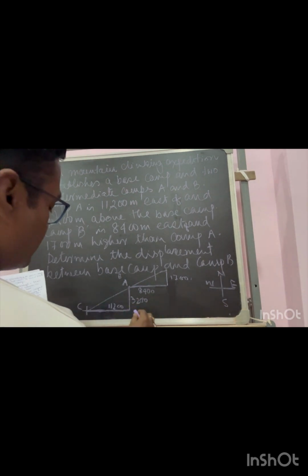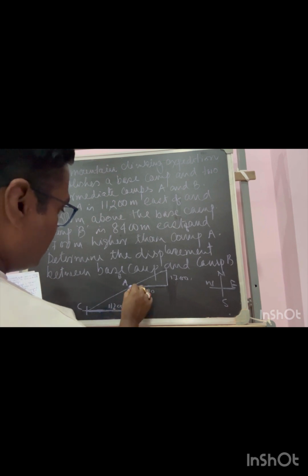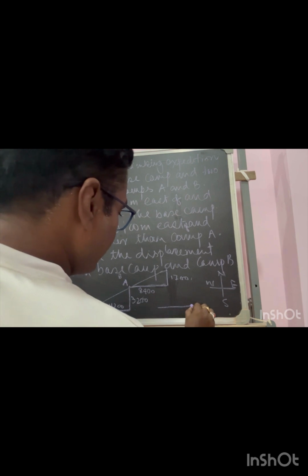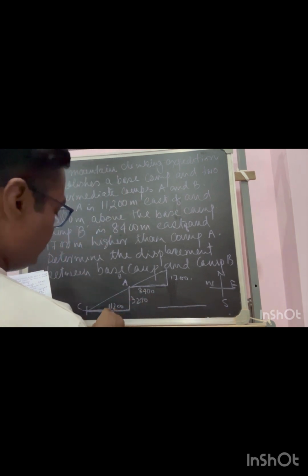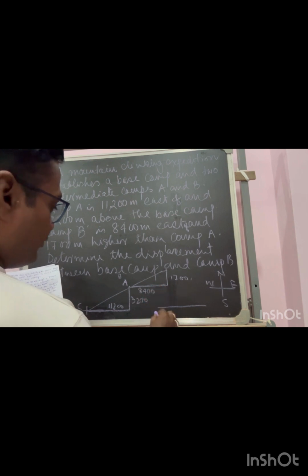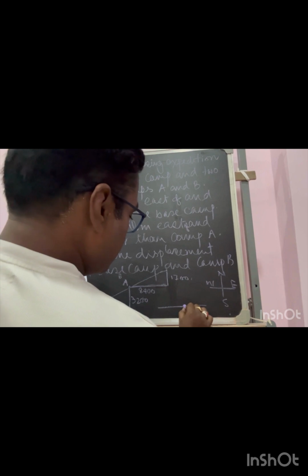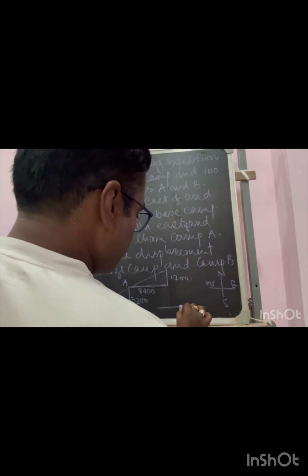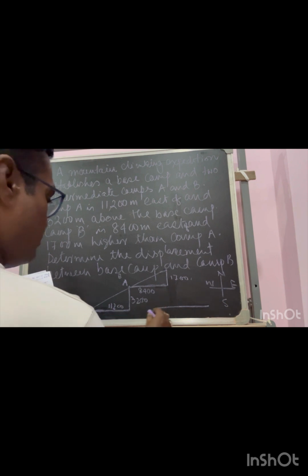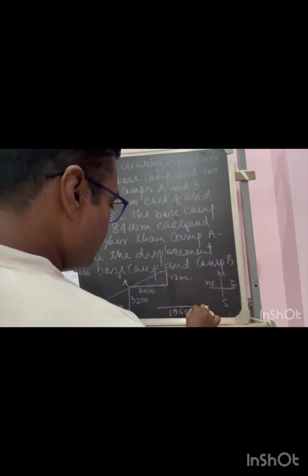So this can be simplified. As you know, the vectors of displacement in the same direction can be added to make one vector. So 11,200 and 8,400, if I add them, will give you a single vector of 19,600.